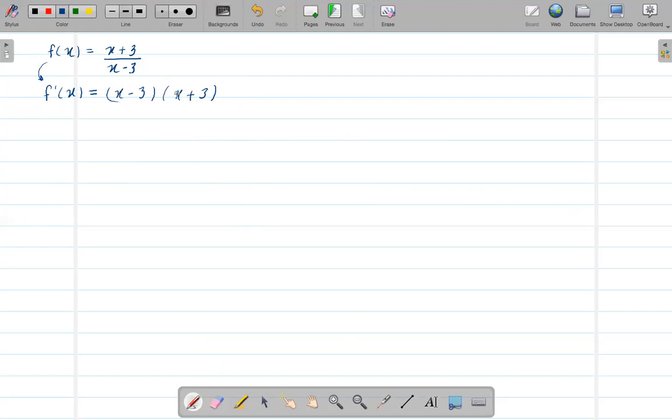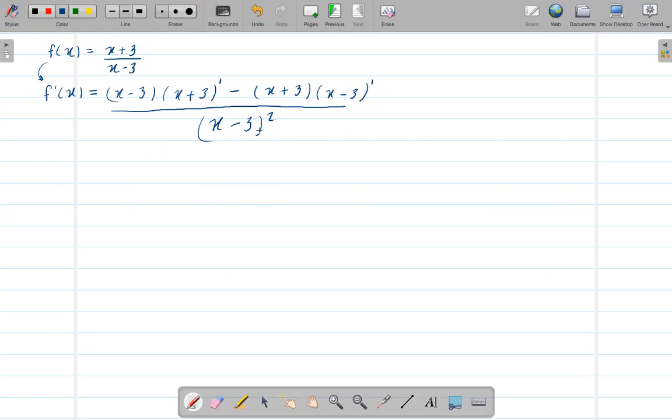So x minus 3 times the derivative of the numerator minus, now the numerator will be the same, times the derivative of the denominator, over x minus 3 squared. I saw that some of you wrote something like this, but you are missing this prime part.